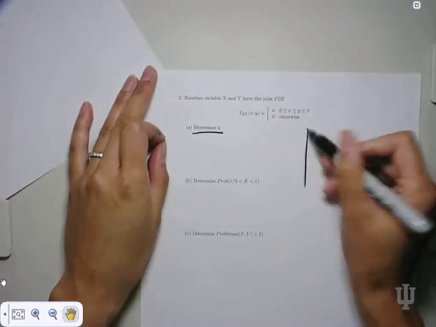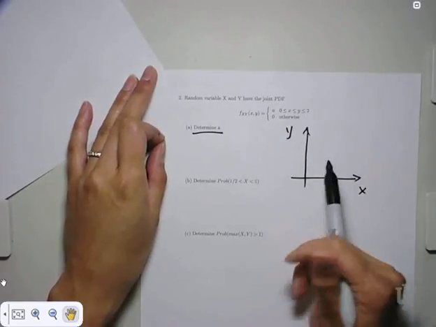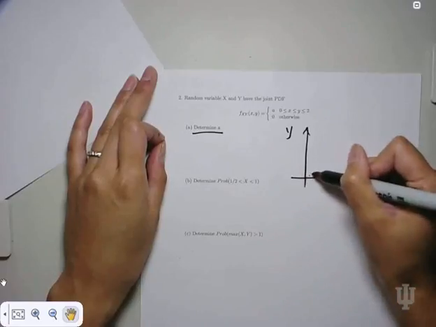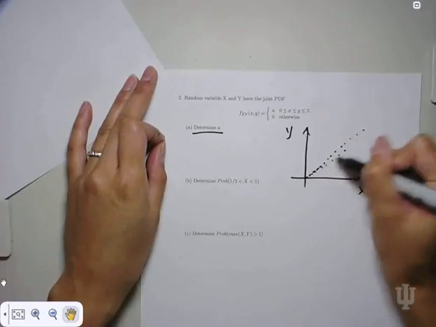I can draw the figure for you. See x less than y, you immediately, oh, sorry, it should be 45 degrees.